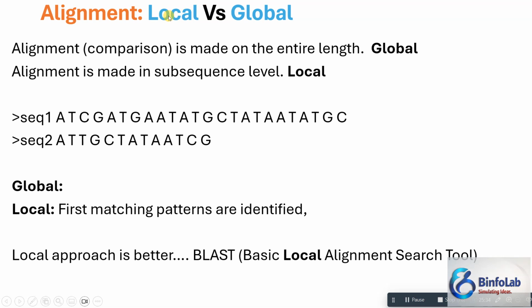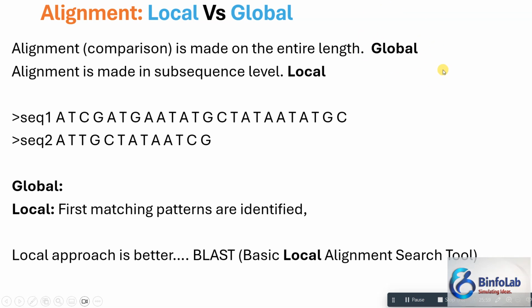So now, what is alignment? In alignment, we will talk about local versus global. You may have heard the names global alignment and local alignment. Alignment, as I told you, is basically a comparison. If the comparison is made on the entire length of the sequence, we call it global alignment.